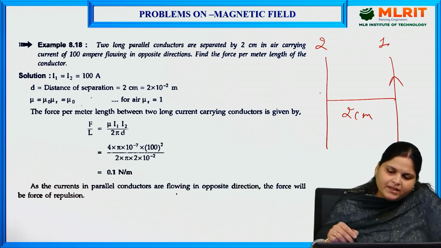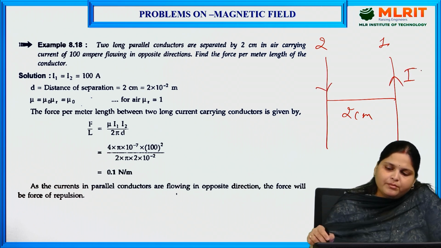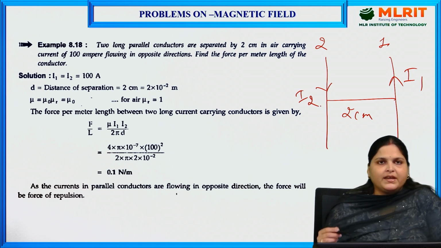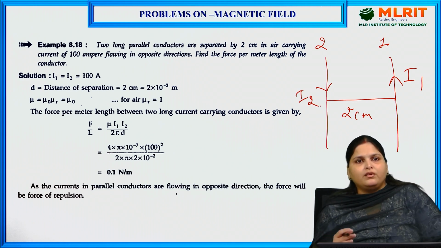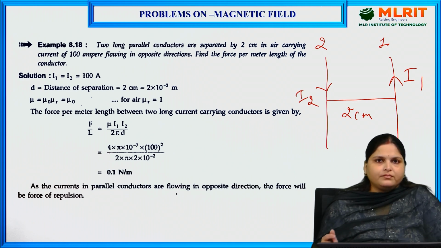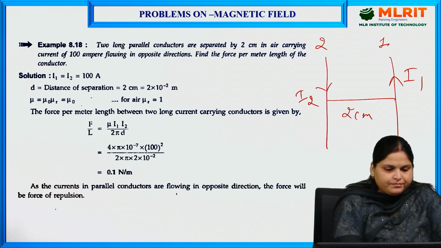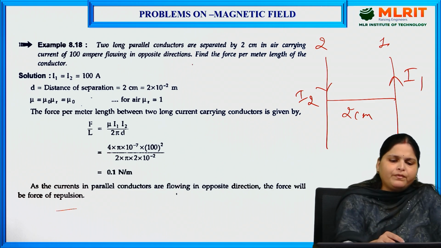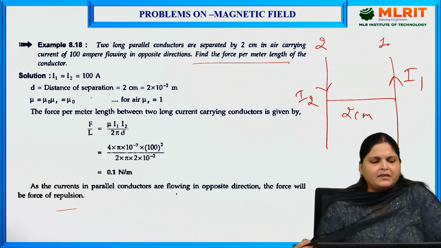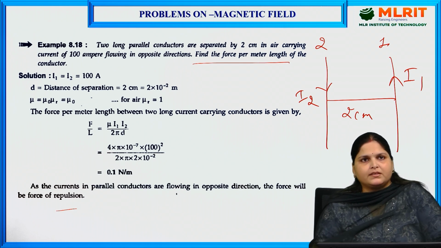Both carry the same current but in opposite directions, which means there will be a force of repulsion, right? We have to find the force per meter length of the conductor.